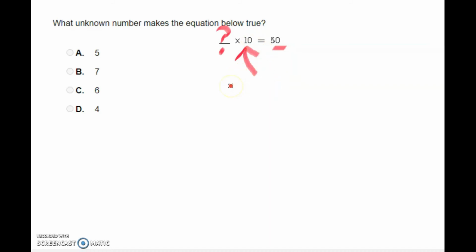We're going to find one number that multiplied by 10 is equal to 50.